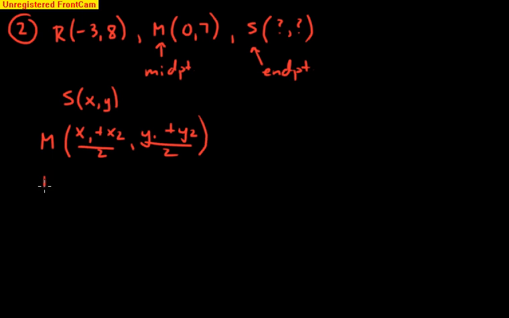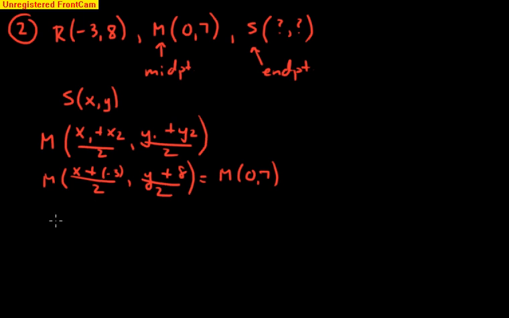So we'll use x and y, so x plus -3 over 2, and y plus 8 over 2. Notice I did not use M's coordinates. I used S's and R's, because M is the midpoint of segment RS. Now this is equal to the midpoint they give you, M, which is 0, 7.